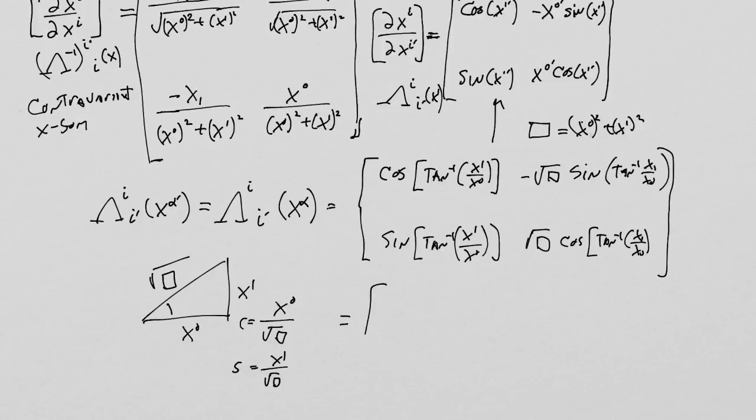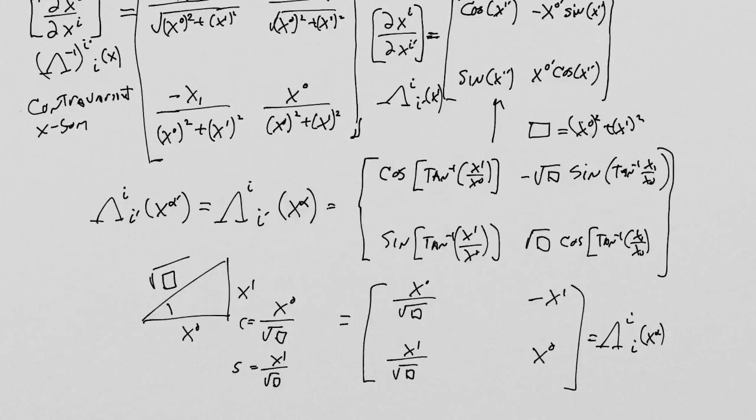So this whole thing is going to be x0 over square root box. This is going to be x1 over square root box. And then this guy here is going to be x1 over square root box times minus square root box, so I think that just is minus x1. And likewise the one below it is x0. So this equals our covariant transformation matrix expressed in the unprimed coordinate system.